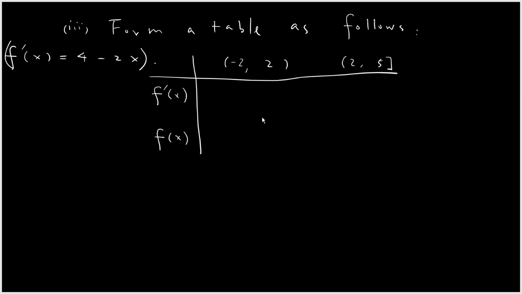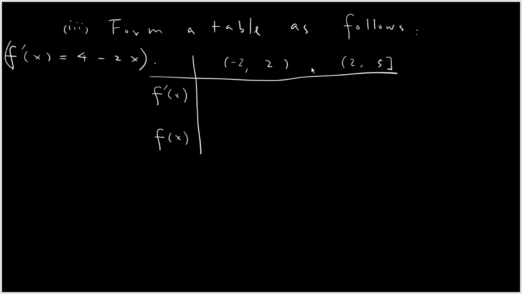Now listen to me. It's another super important point. As long as you get all the critical numbers properly, as long as you divide the domain into the subintervals using all the critical numbers, it's always safe to use the test numbers to determine the signs you need in the second row.